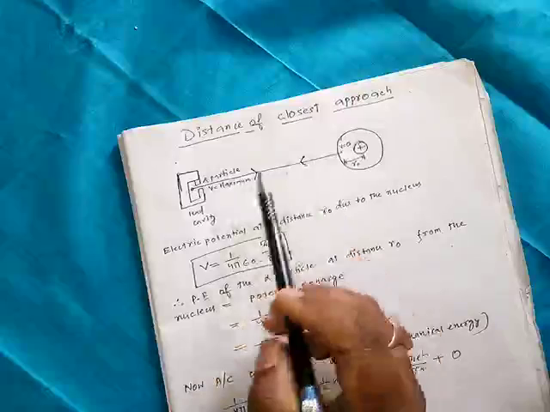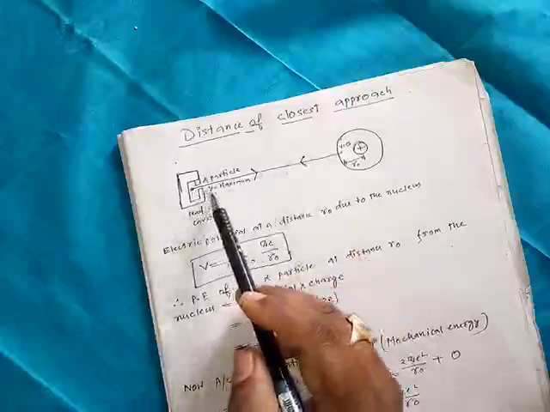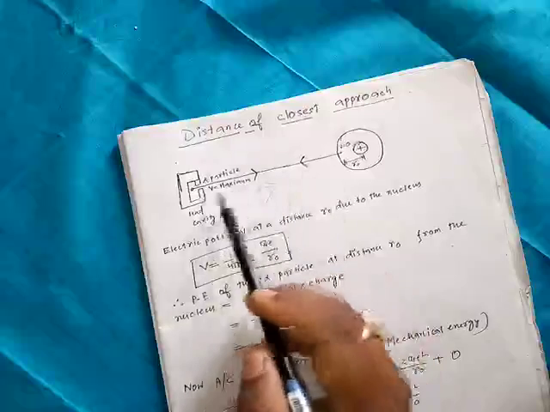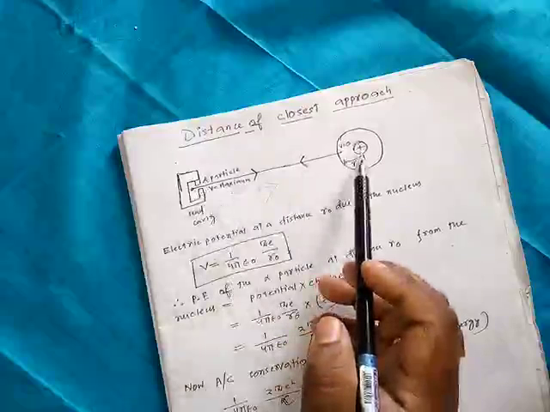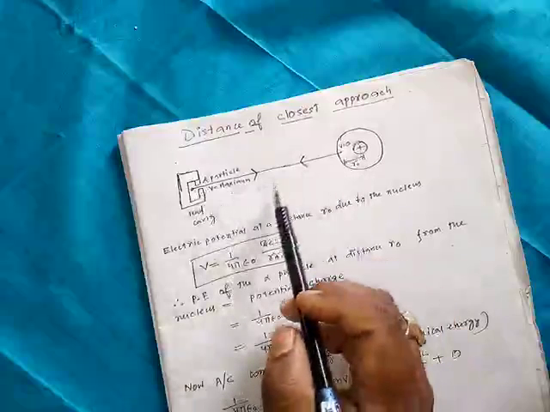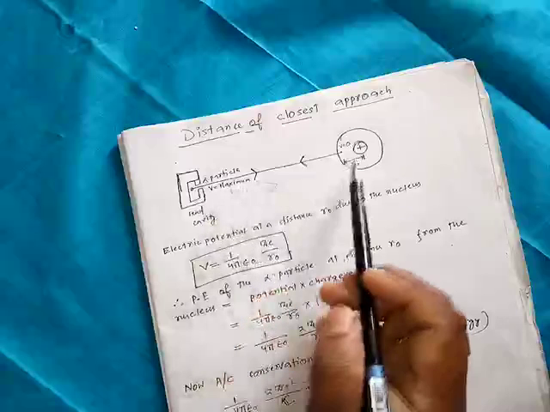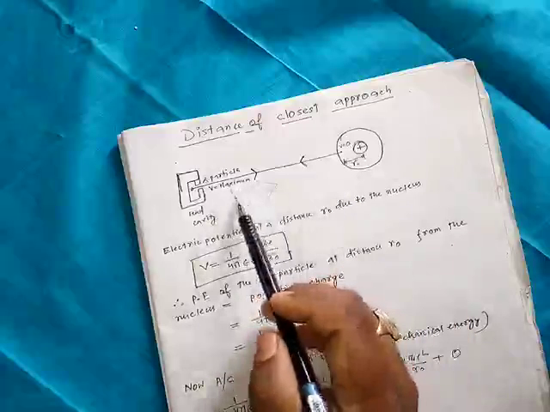Why? This is because whenever the alpha particle moves in this direction, the distance of the alpha particle from the positively charged gold nucleus will go on decreasing.